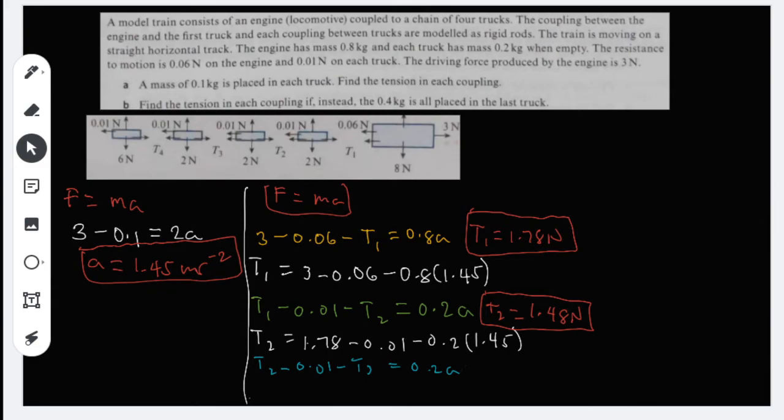So therefore, we're going to solve for T sub 3. T sub 3 is equal to T sub 2, which is 1.48 Newton, minus 0.01 minus 0.2 times 1.45.